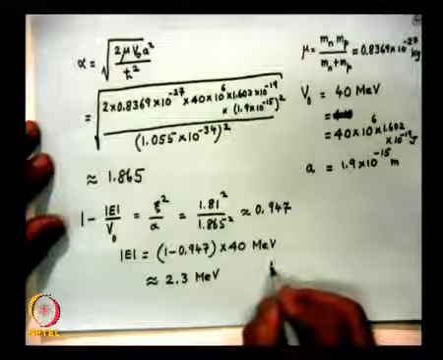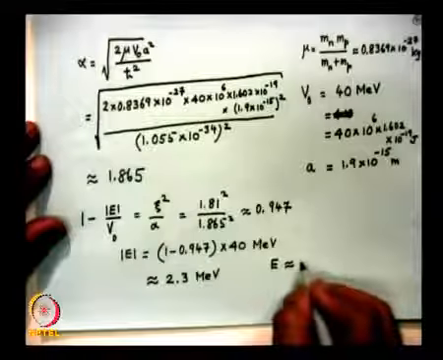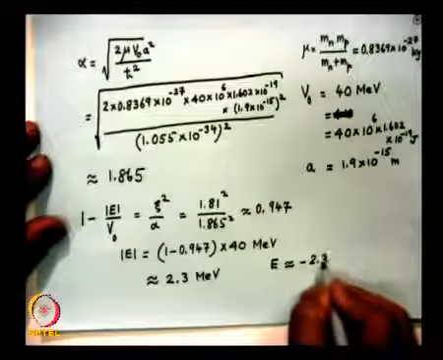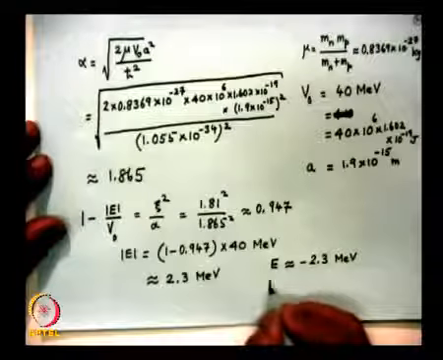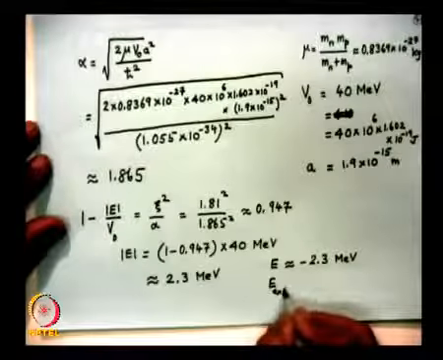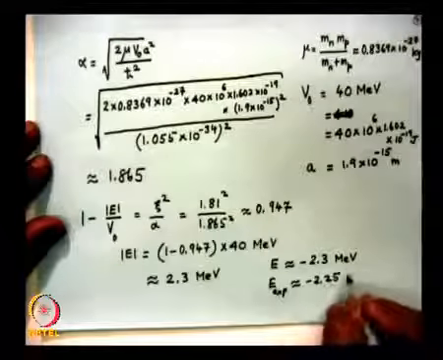So, the binding energy of the deuteron according to our simple model comes out to be 2.3 MeV, and the actual experimental value is minus 2.25, I think.